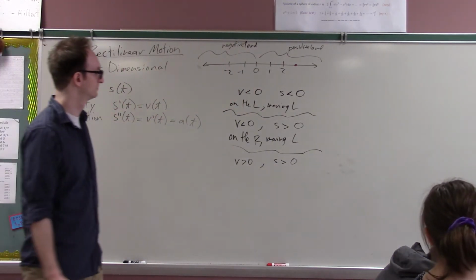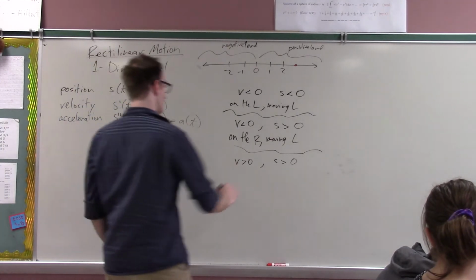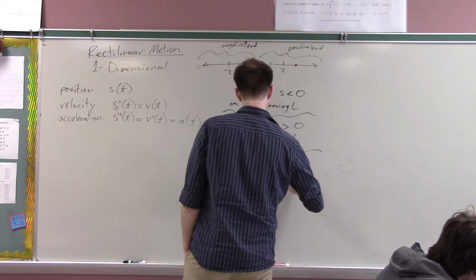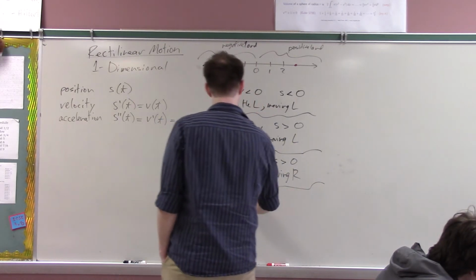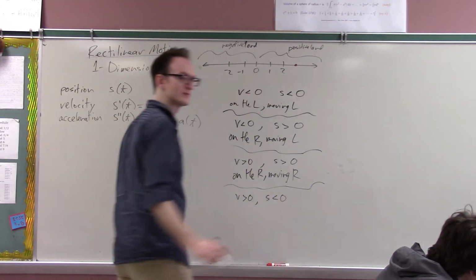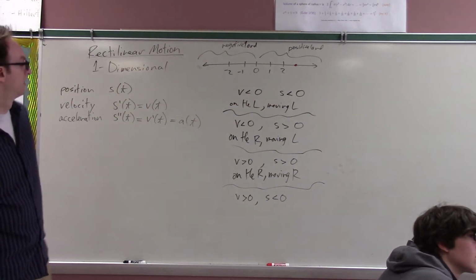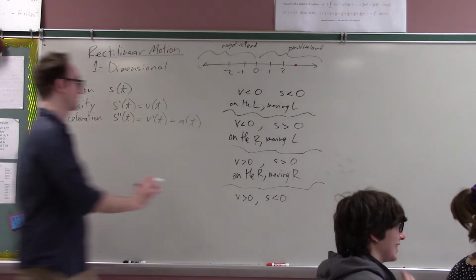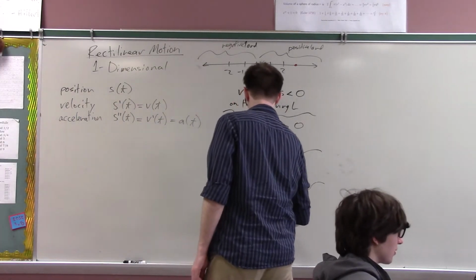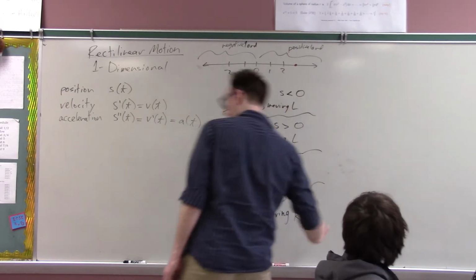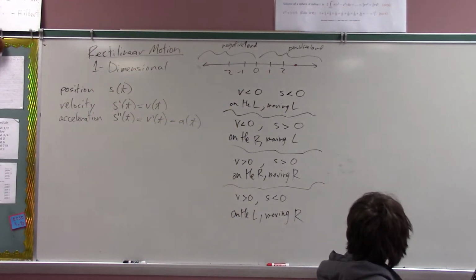We're on the right, moving right. And the last one, if my velocity is positive and my position is negative, Daniel, what's going on? In the negative land and moving right. Yeah, I agree. You are on the left, moving right. Okay, so that's kind of cool.